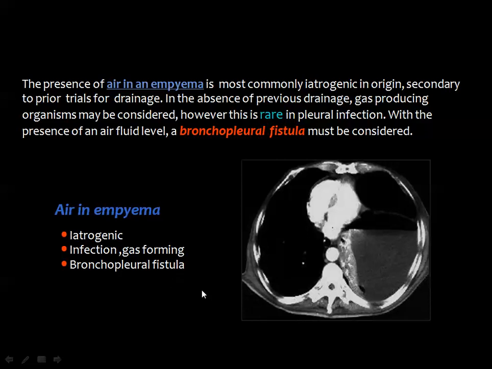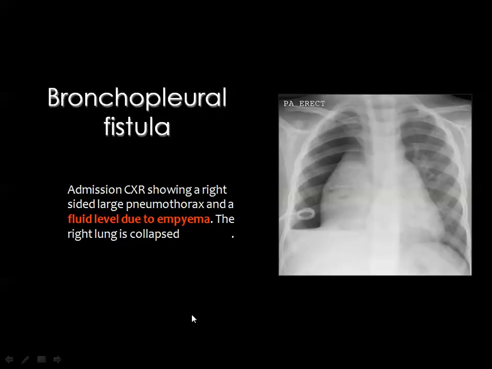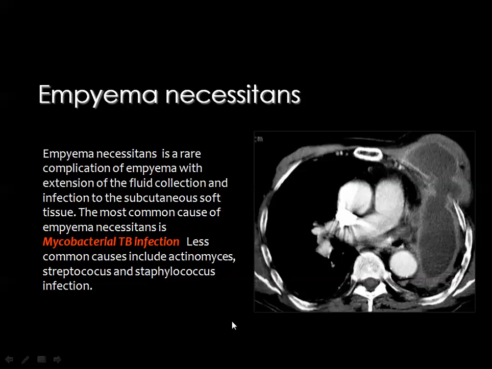In adults, if the iatrogenic cause has been excluded, think of bronchopleural fistula rather than infection with a gas-forming organism, which is considered rare. If you have a pleural fluid with no previous interventional techniques and it has developed air inside, think of the possibility of bronchopleural fistula.